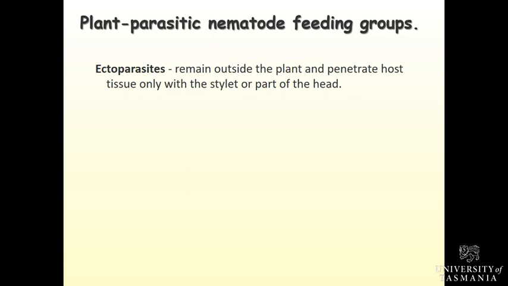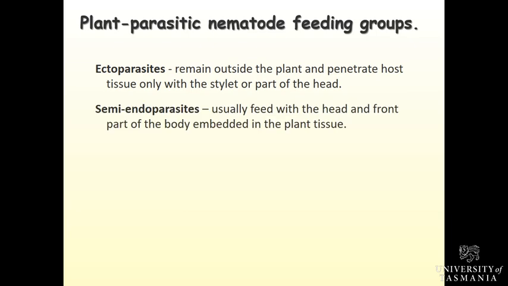We can define the plant parasitic nematodes into major groups based on how they feed. There are the ectoparasites. They live outside the plant and feed, penetrating from outside and feeding on the plant root systems with only their stylet or maybe a small part of their head inserted into the root, but mostly external to the plant.